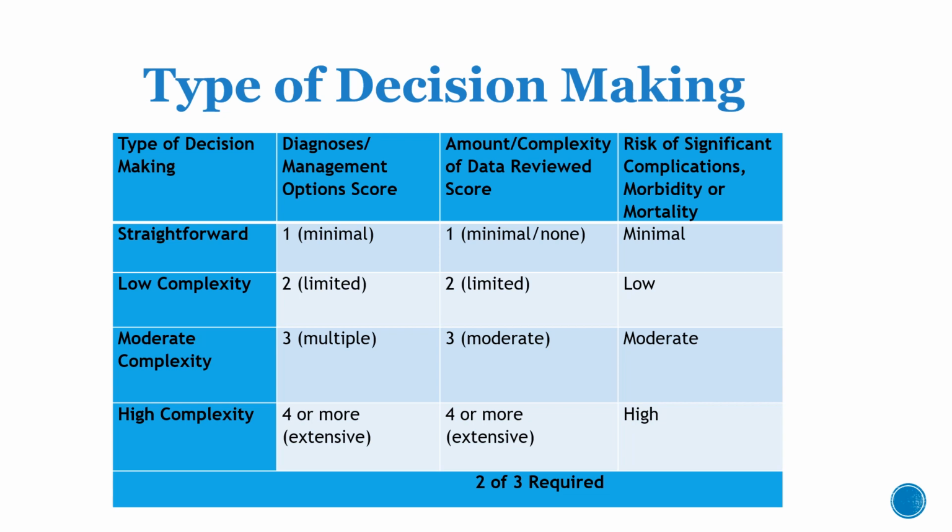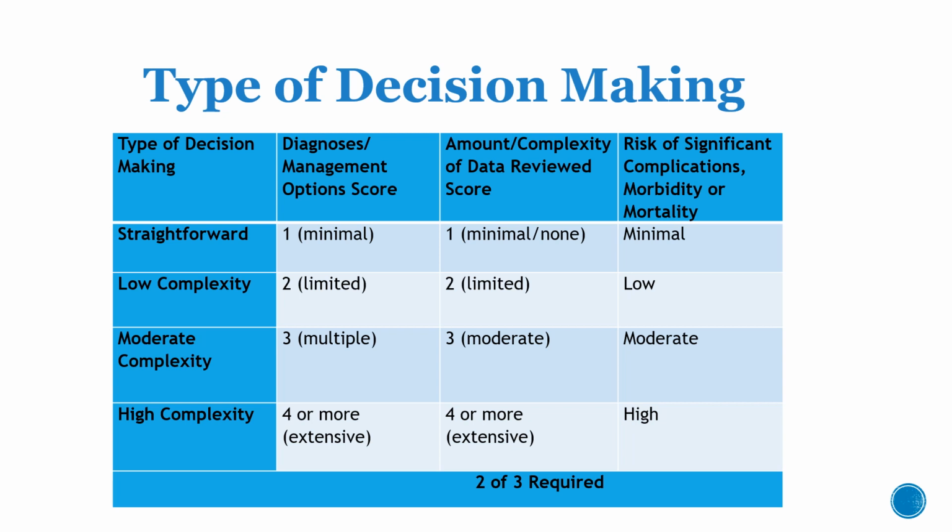So now you've completed all three aspects of your medical decision making. You have all of your scores calculated on your crib sheet, and now you're going to plug that into your decision making process as to what level of medical decision making your encounter with the patient achieved. Let's say under diagnoses and management, your score was a 4 or higher. Under amount and complexity of data reviewed, your score was a 3.